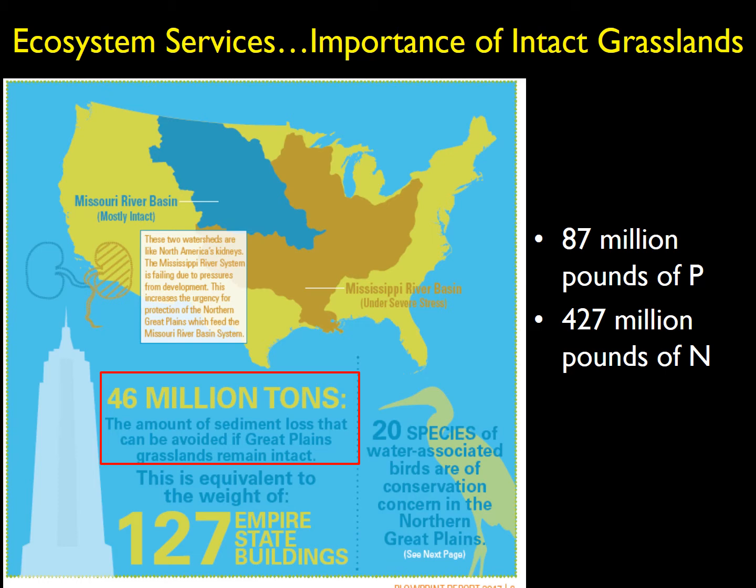In addition to the sediment itself, 87 million pounds of phosphorus and 427 million pounds of nitrogen. These are all chemicals that are going to be absorbed and incorporated into these plants, but again, they'll get washed down into our waterways and contribute to pollution issues if not. So another filter on our landscape.